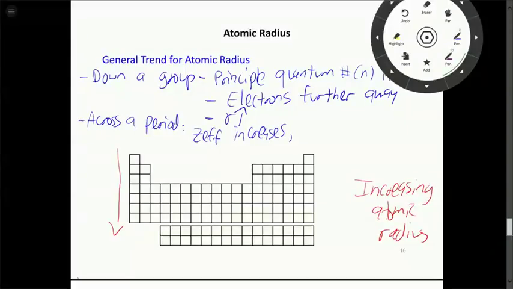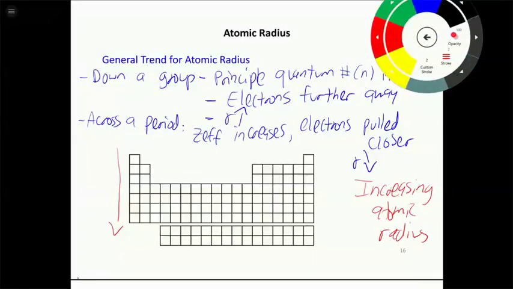And when you add more protons to the nucleus, that pulls the electrons a little bit closer to the nucleus. Okay, so you're adding more protons, you're increasing the effective nuclear charge, and so the electrons are pulled closer to the nucleus. And that means the radius then goes down as you move left to right. So the increasing trend for radius would be right to left.